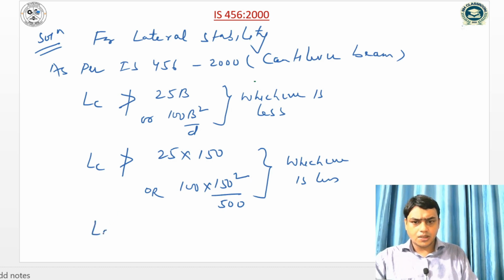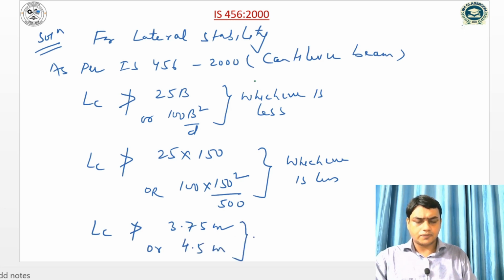So LC should not be greater than 3.75 meter, or 100 into 150 whole square divided by 500, so it is coming 4.5 meter.